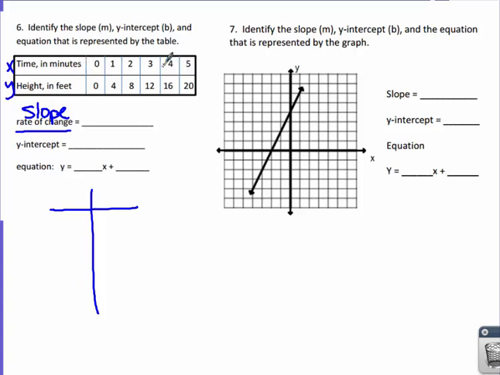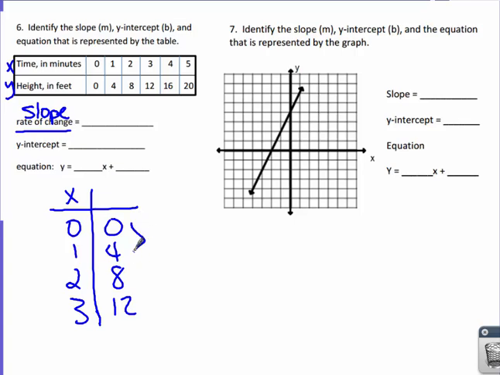It doesn't change. So we could write, with this x right here, 0, 1, 2, and 3, and then do the same thing, 0, 4, 8, 12. We could write the rest of them as well. So this is our y side. So now I'm looking for what is my rate of change, or what is my slope.